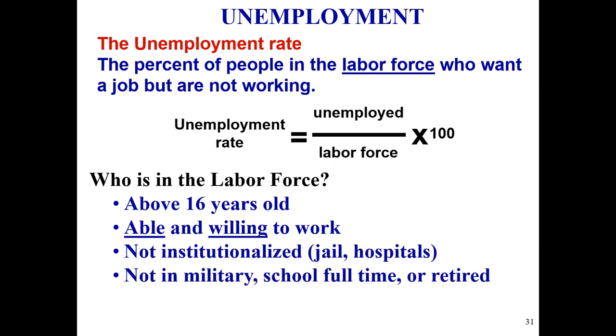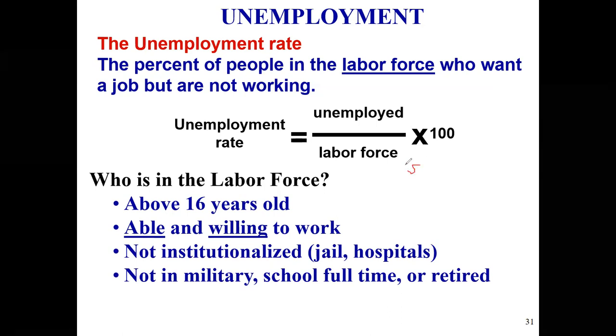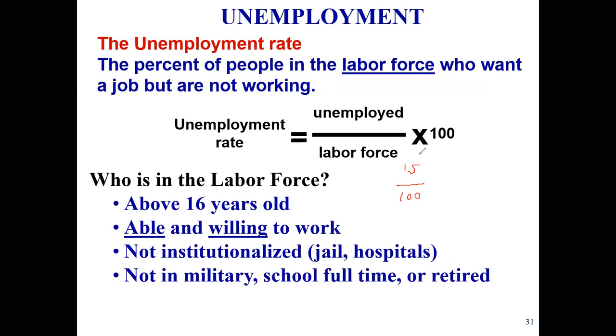And by the way, they like to make questions like this. So let's just say there was 15 unemployed, so unemployment would be 15%. Now they might say if 10 people were discouraged, what does that do to the unemployment rate?